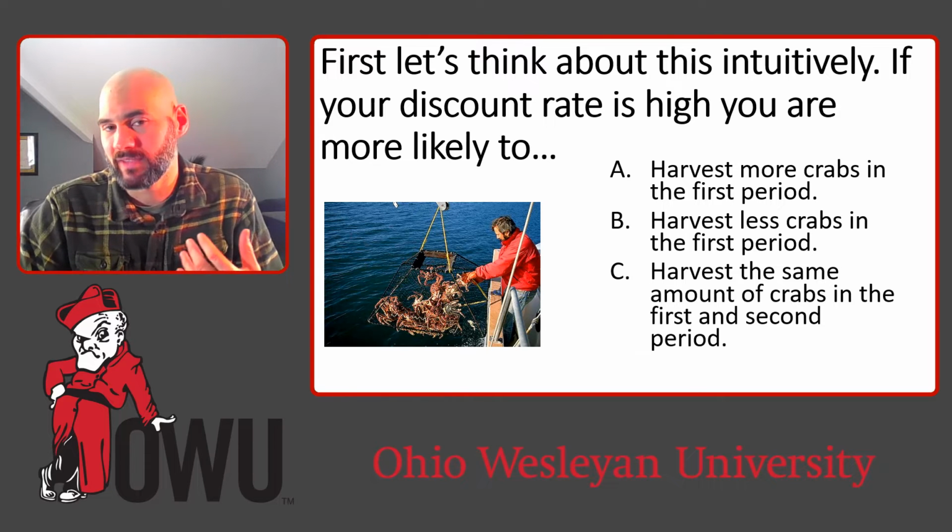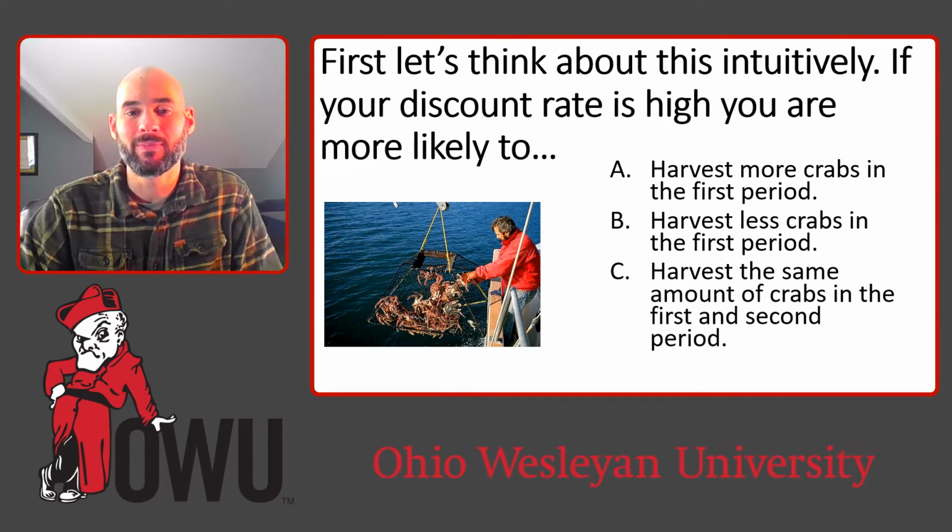So if we think about crab fishers in Alaska, if their discount rate is high, does that mean that they are more likely to harvest more crabs in the first period, harvest fewer crabs in the first period, or harvest the same amount of crabs in the first and second period?